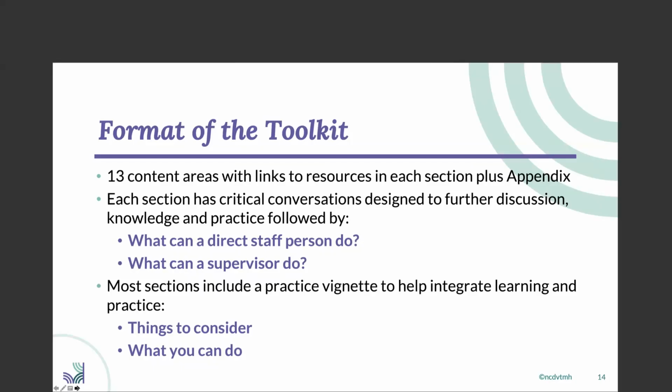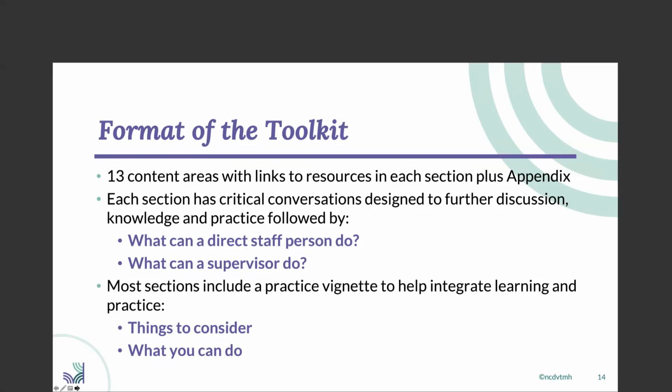You think you got the information, but if you have a vignette, it really helps you apply it in a way that's outside of your day-to-day practice, but should be really relevant. There's some guidance on how to use the vignettes. Part of the guidance is two sections that say things for you to consider after you've read the vignette as a team or however you're going to use it, and then what you can do. So we hope that that's going to be really helpful to you.